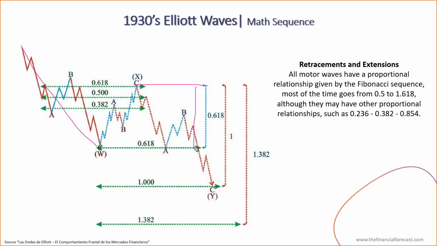And we can have 0.618, 1.382, and different levels following the Fibonacci sequence. The most common level will be 0.618, and then we will have waves finishing close to equal waves. It's really a great tool that you will use a lot to analyze the length of waves.